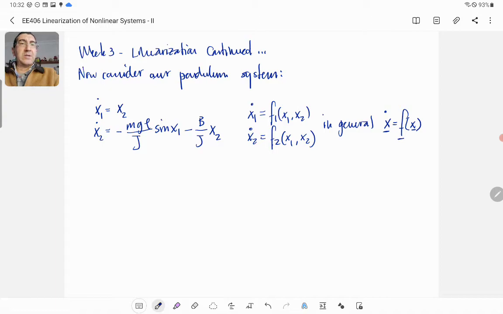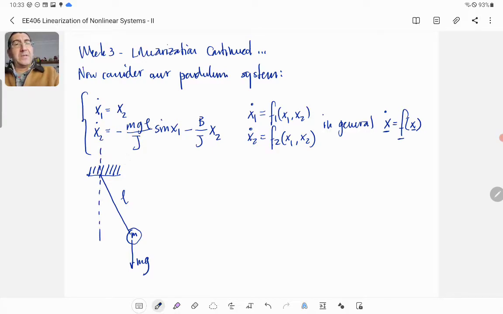So here is our nonlinear system, the pendulum system. Remember, it is basically a rod with length L on which a mass is suspended. mg is acting on the system.